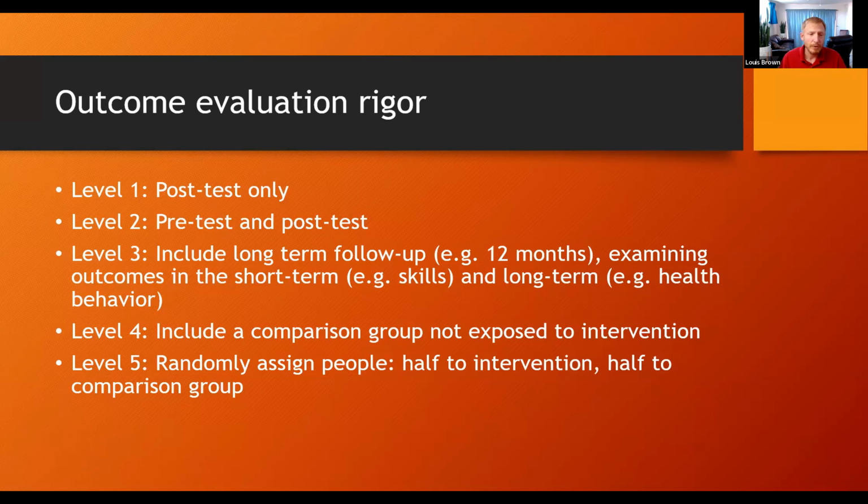And to further create a compelling outcome evaluation, you could add long-term follow-up, such as a 12-month follow-up, where you could examine both short-term and long-term outcomes. So, if you have a training, you could do a pre-test on peer support skills and a post-test on peer support skills.